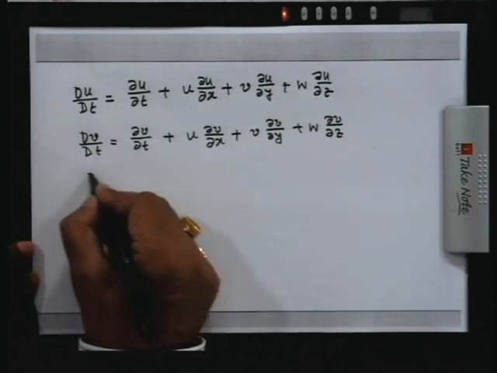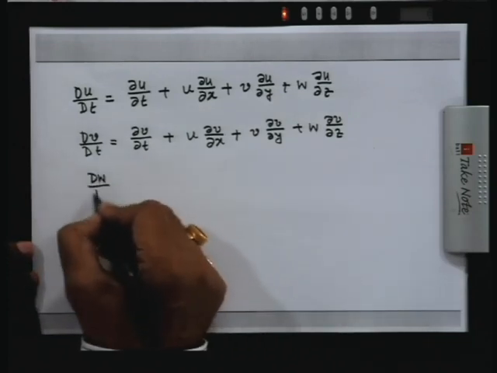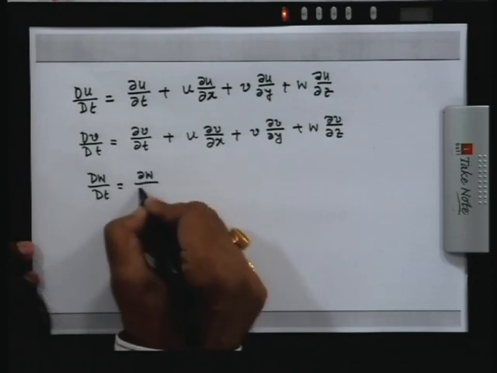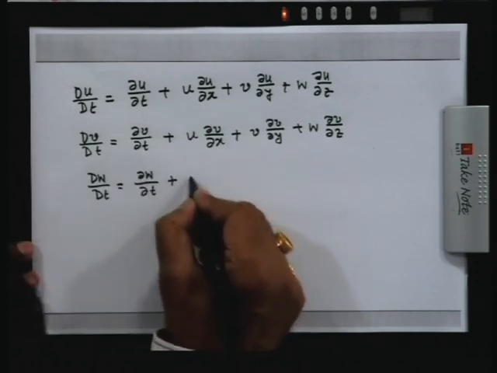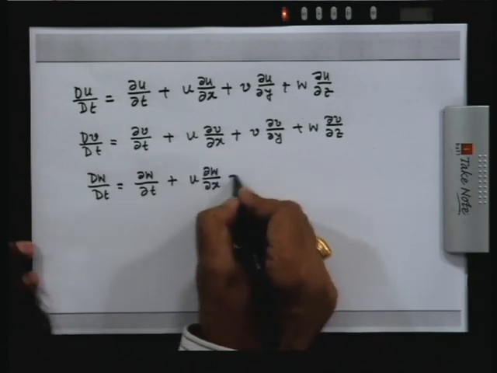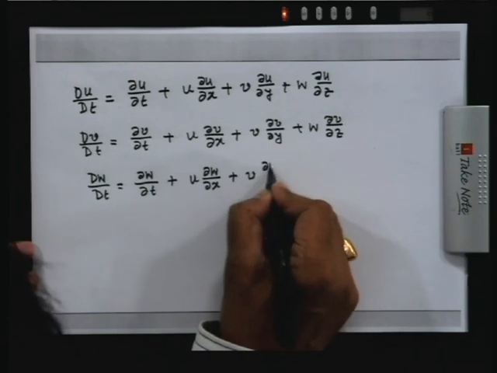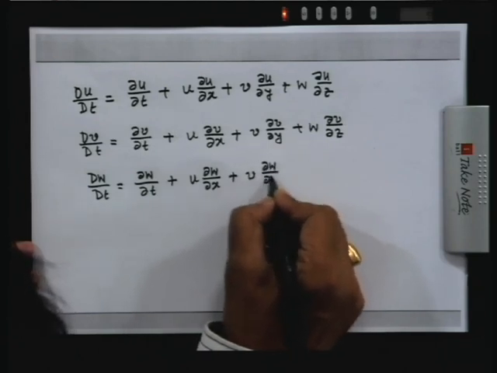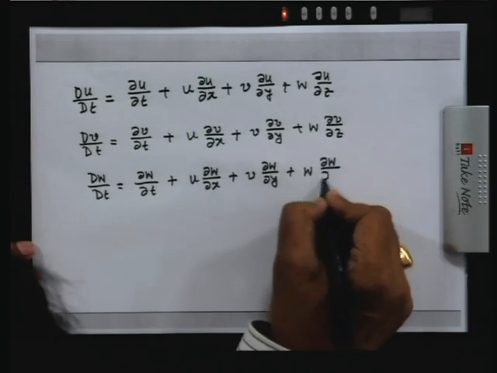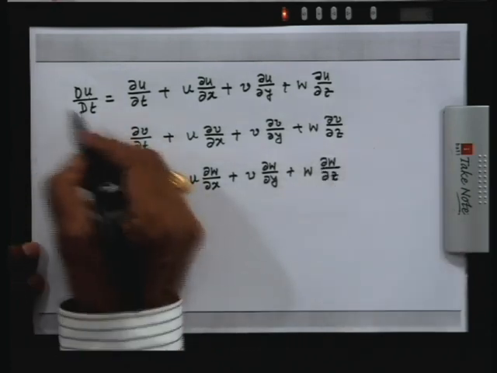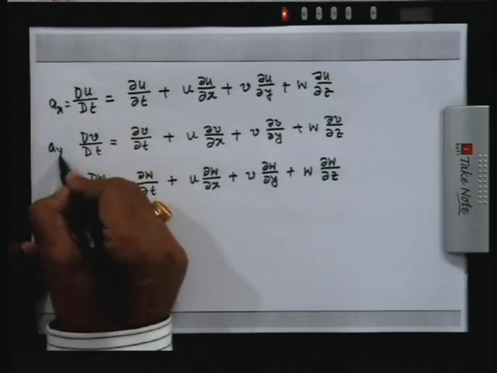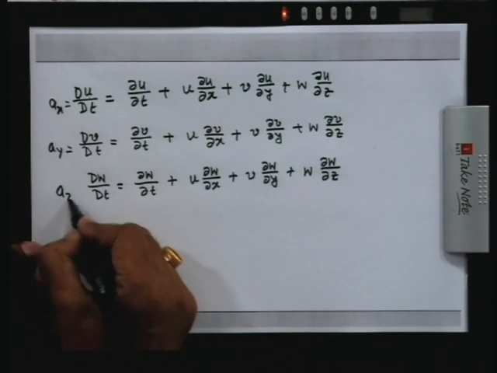And similarly, for the z component of velocity, del w del t, the temporal one, plus u del w del x plus v del w del y plus w del w del z. These are nothing but the acceleration in x direction, acceleration in y direction, and acceleration in z direction.